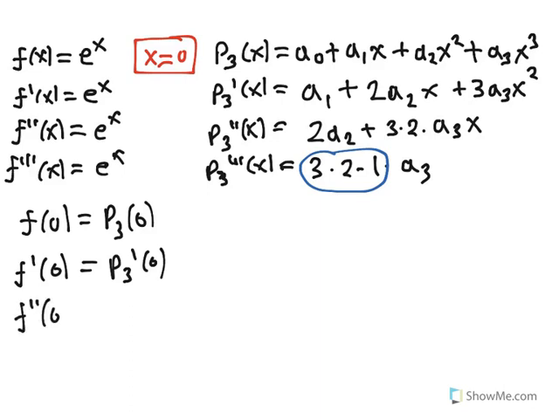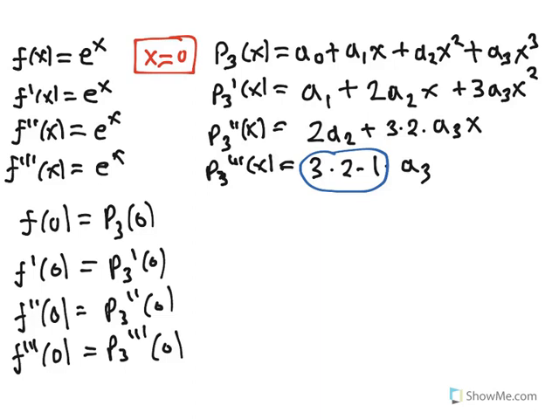The second derivative of the function evaluated at 0 be equal to the second derivative of our polynomial function evaluated at 0. And the third derivative of our function evaluated at 0 be equal to the third derivative of our polynomial function evaluated at 0.